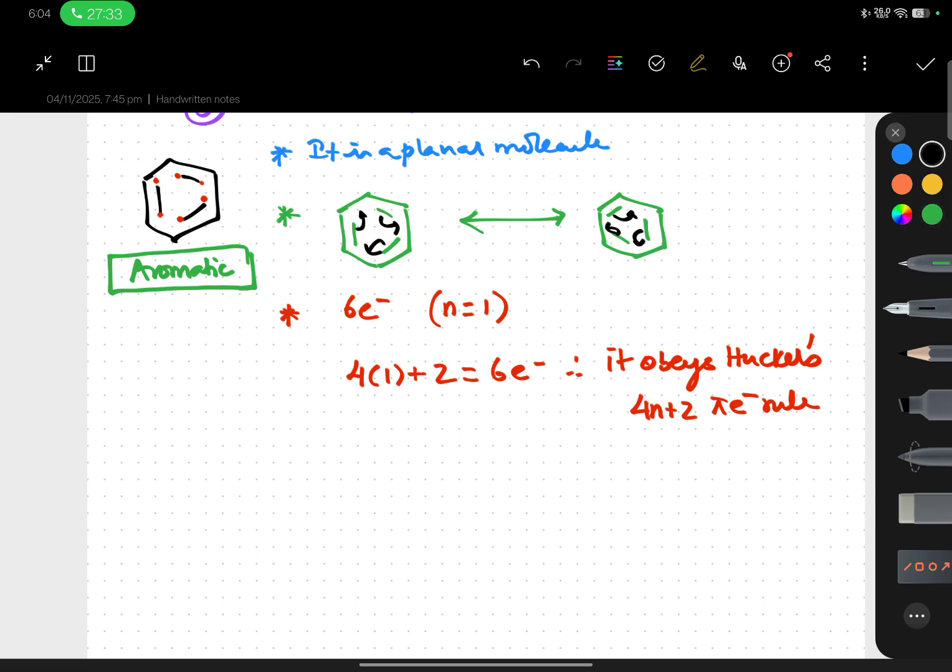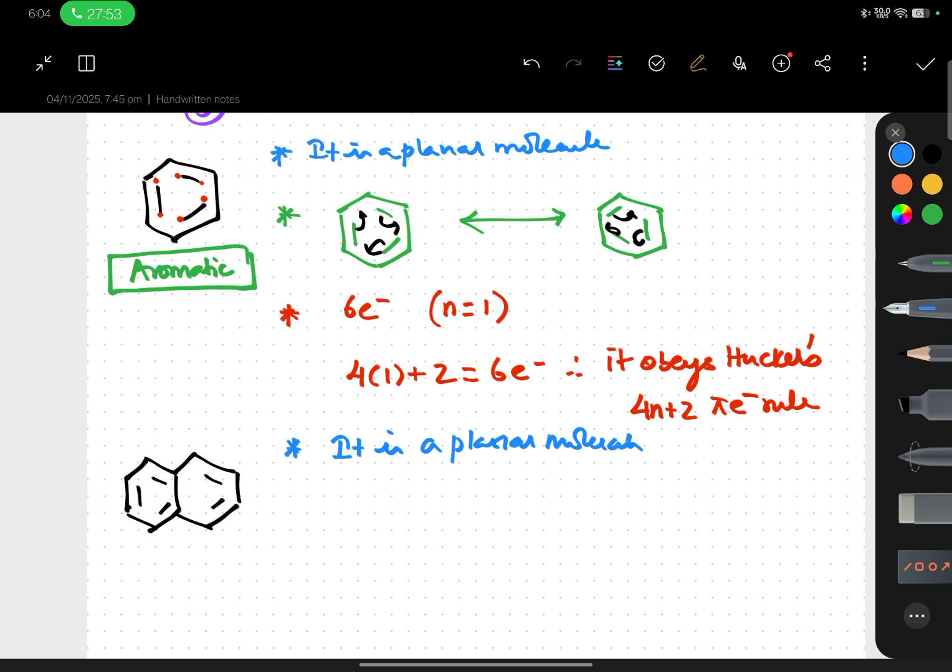Similarly, you take naphthalene. Is it a planar molecule? Yes, it is a planar molecule. Does that undergo delocalization? It does undergo.